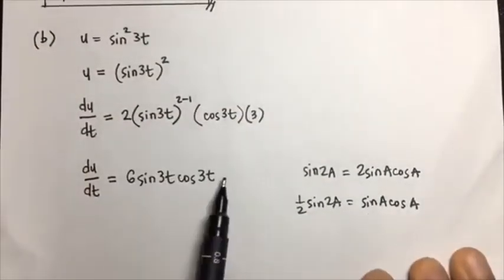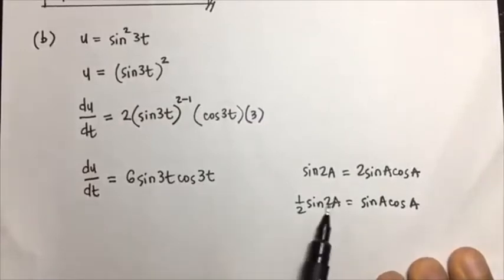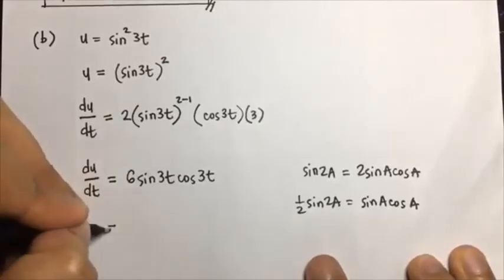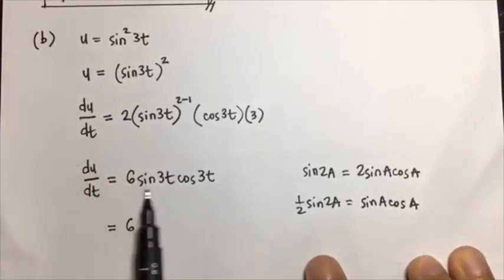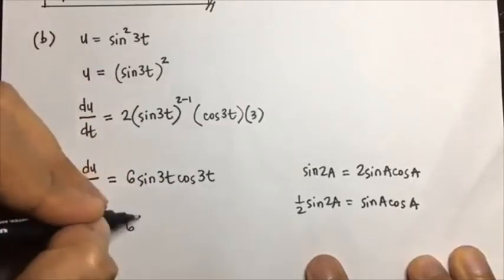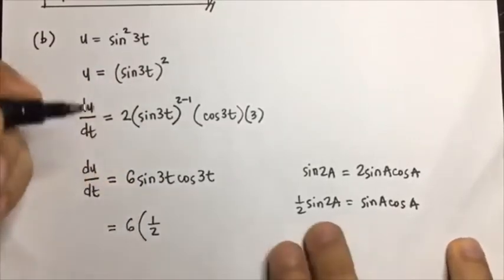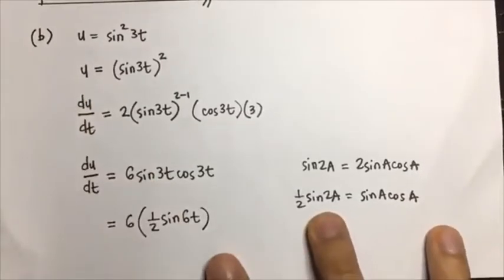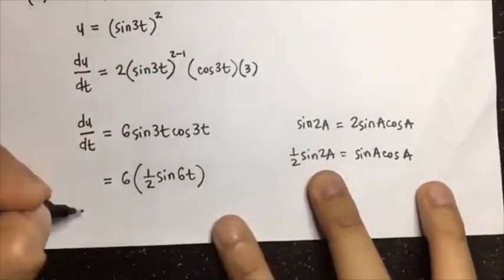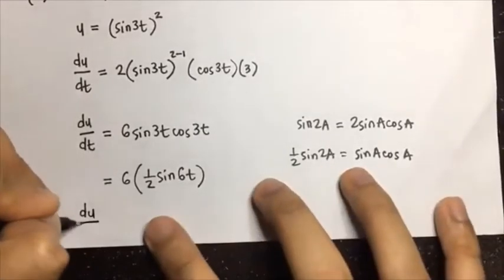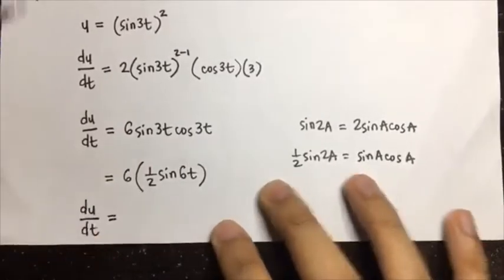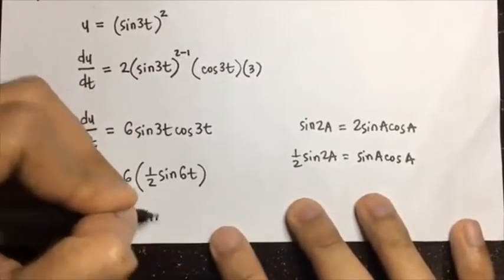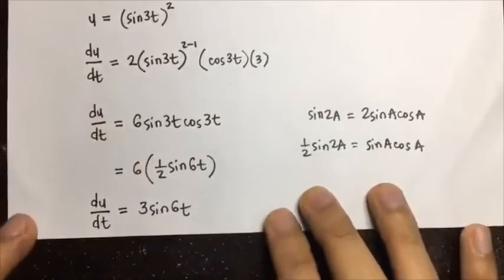In this case, our a is 3t, so 2a must be 6t. So we replace sine 3t cosine 3t with 1/2 of sine 6t. Therefore, the simpler form of the derivative du over dt is 6 times 1/2, that is 3 sine of 6t.